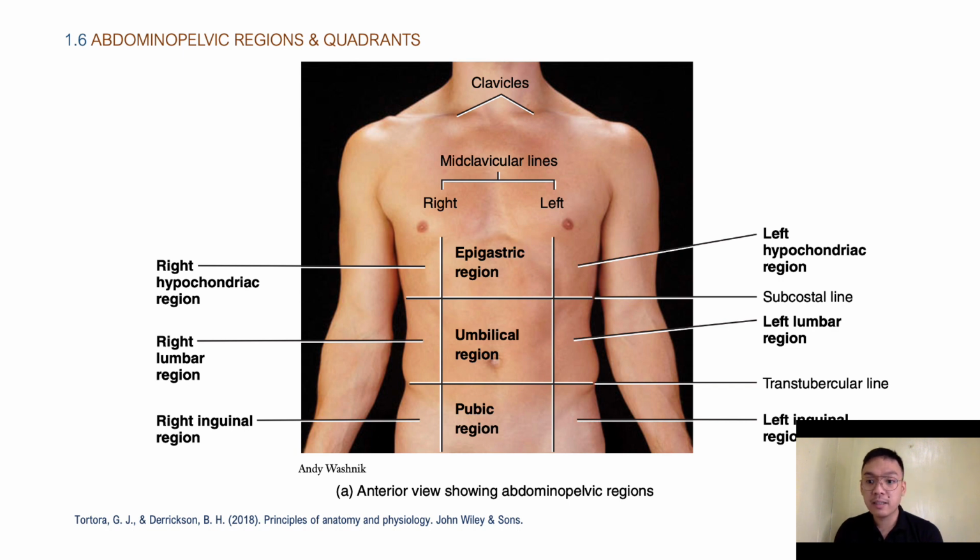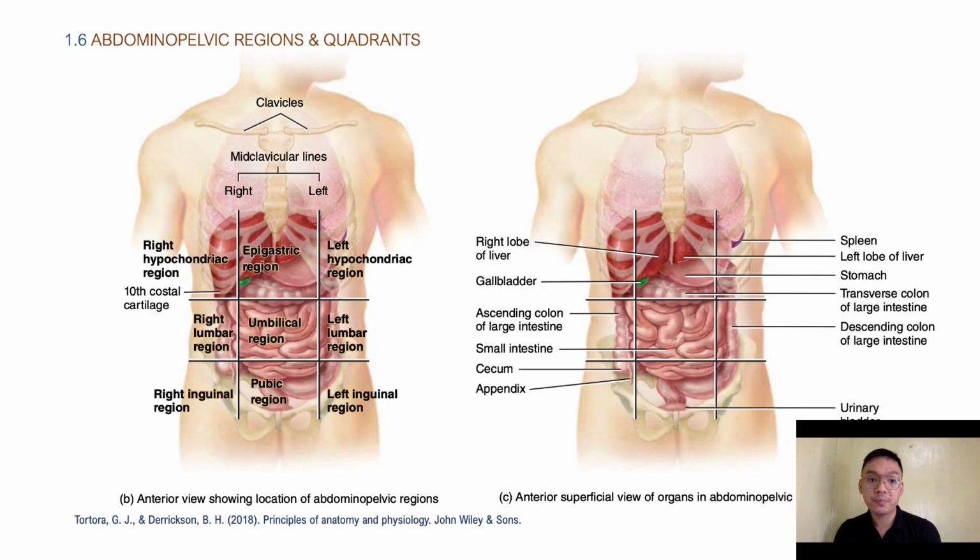You can notice these are the lines, okay, that divide your epigastric region and umbilical region. This is what we call your subcostal line. Your umbilical region and pubic region are divided by these horizontal lines. We call it the transtubercular line.